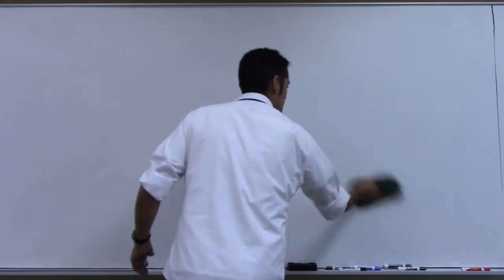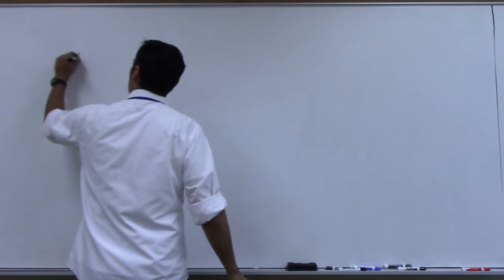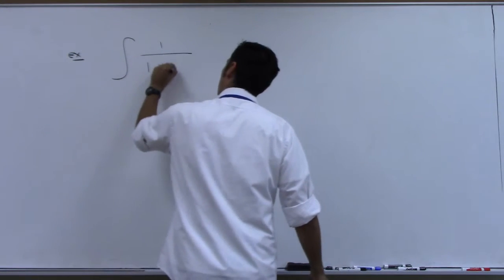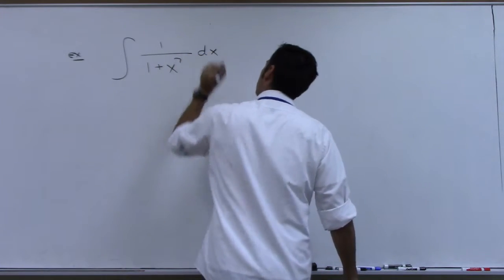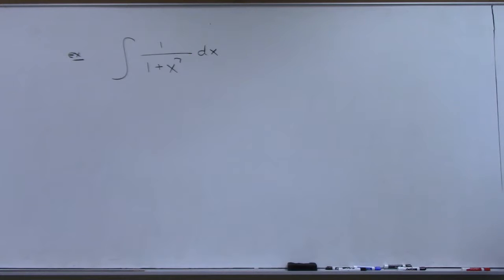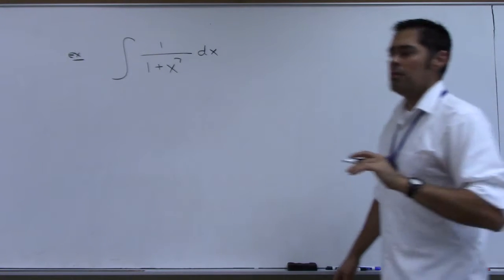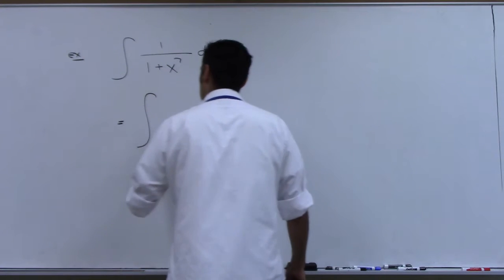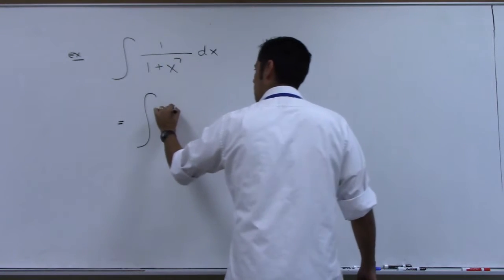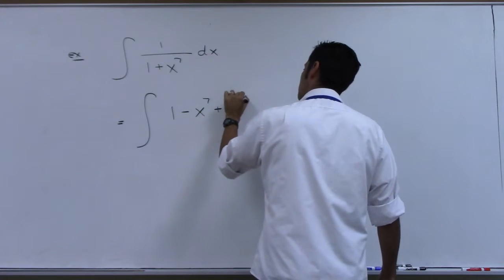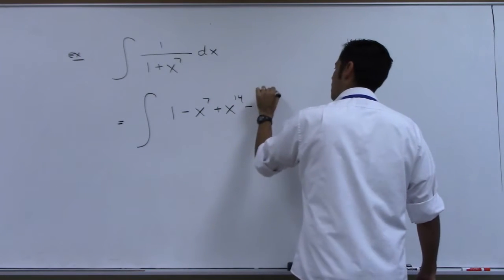So now, if I ask you to integrate this, even though we can't do it algebraically, what we could do is we could say, all right, well, that's the same as integrating, what was it, 1 minus x to the 7th plus x to the 14th minus x to the 21st, is this right?